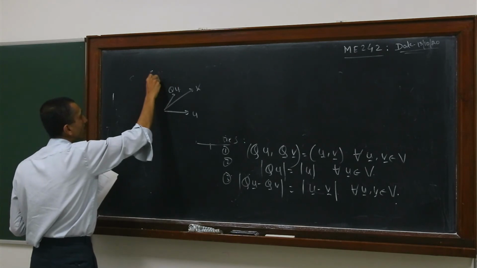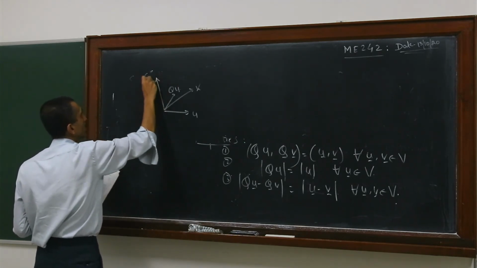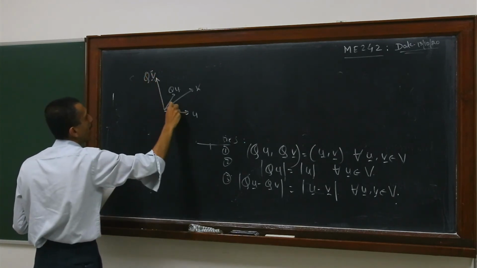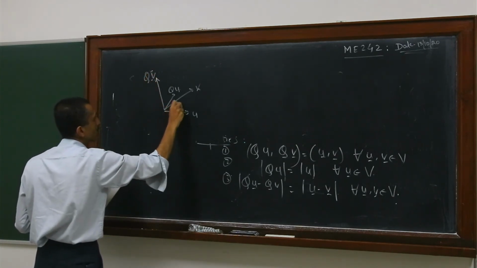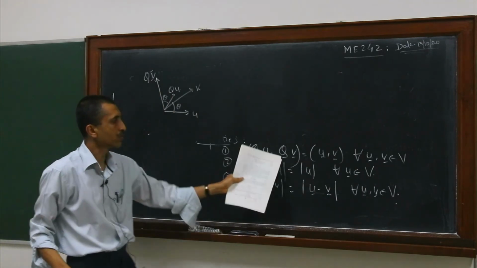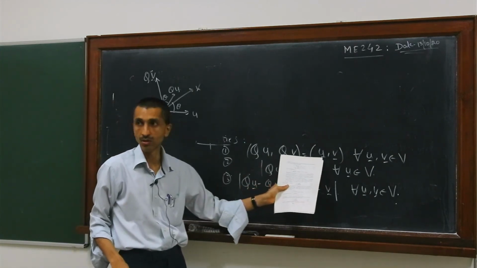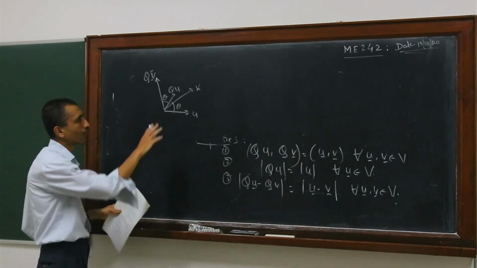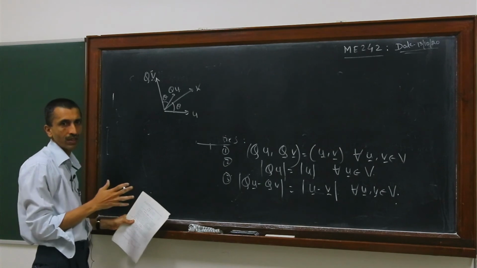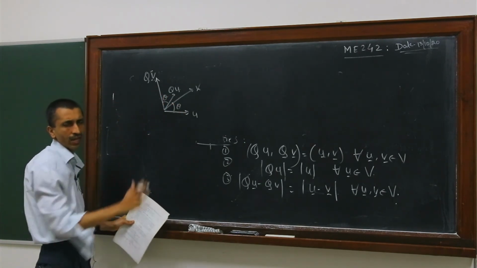So here I will just draw that. This v will be the rotated version of that, so this will be QV. And suppose the angle between them is theta, then the angle is preserved. So not only is the magnitude preserved, but the angle between those two vectors is also preserved. Of course, just for simplicity, I am drawing Q rotating them in the plane, but that is not necessary.